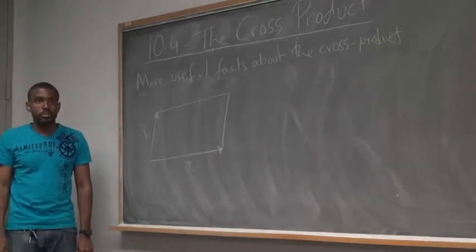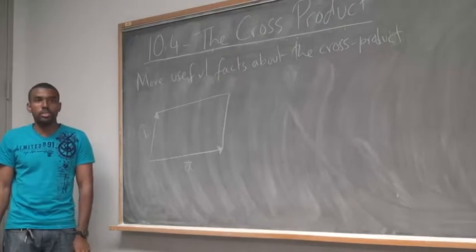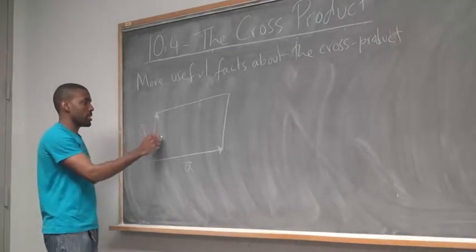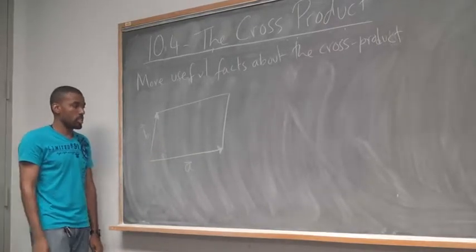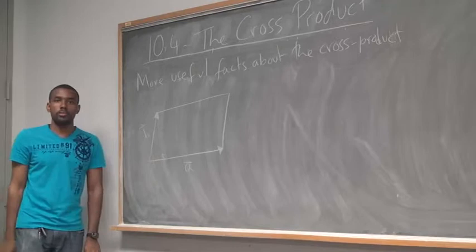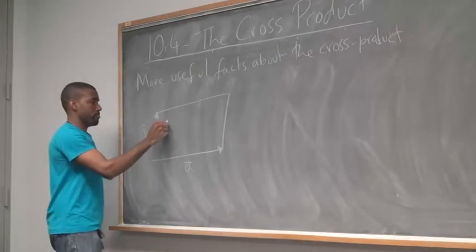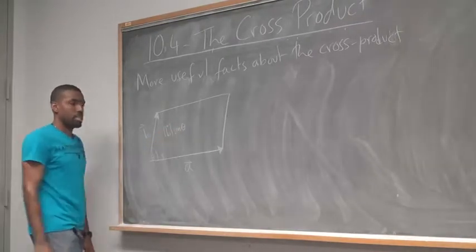Base times height, yes. You remember how that was developed? It's sort of like cut it in two triangles, but they actually use right triangles and then pieced them together, right? If I cut the right triangle there, what's the height going to be? B sine whatever that theta is, right?